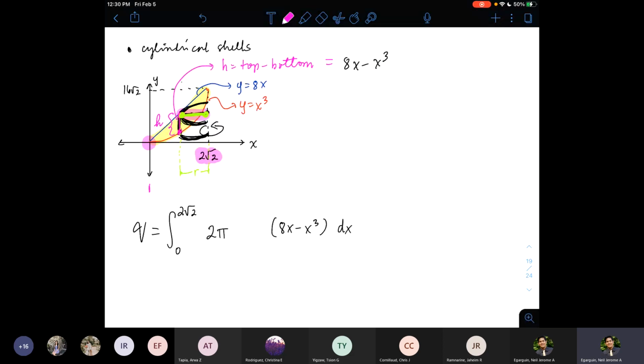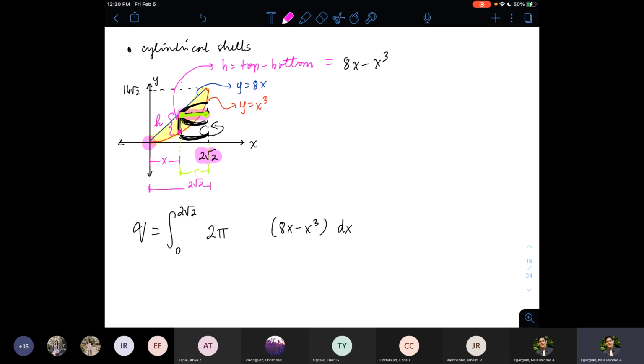From the y-axis until here, that's 2 root 2 units, right? But from here until here, that is x units, right? Because I mentioned whenever measuring something from the y-axis towards the right, that's always x units.